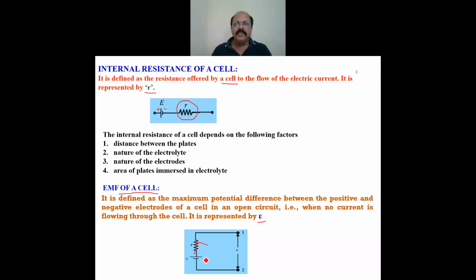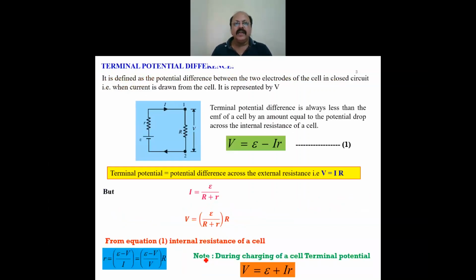Now what happens if the circuit is closed? Then another term comes, terminal potential difference. Terminal potential difference is the potential difference between the two electrodes of the cell in a closed circuit, that is, when the current is drawn from the cell.